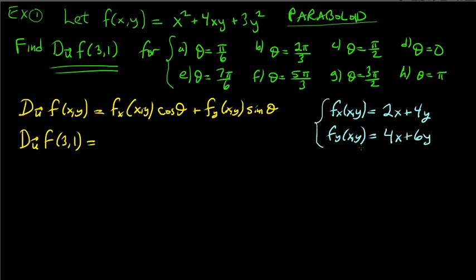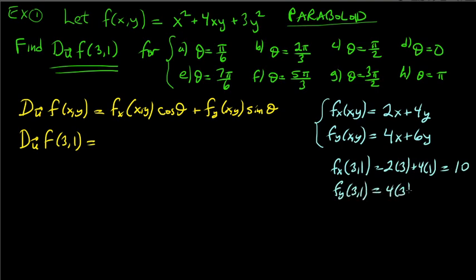Okay, so those are the two partial derivatives in the x and y directions, right? But remember, we're going to just plug in the 3 and the 1. So 2 times 3 plus 4 times 1 is 10. And then for the y partial, you plug in the same 3 and 1. You get 4 times 3 plus 6 times 1. 12 plus 6 is 18. Right?